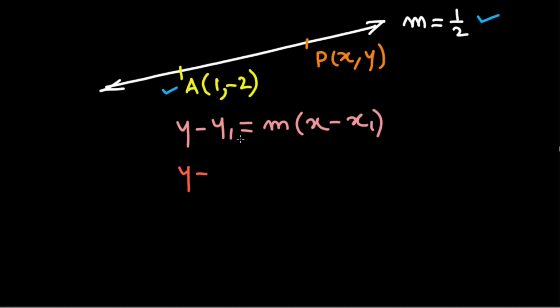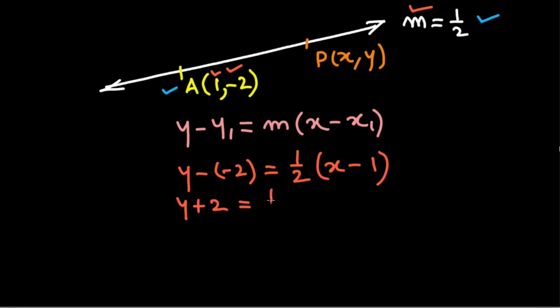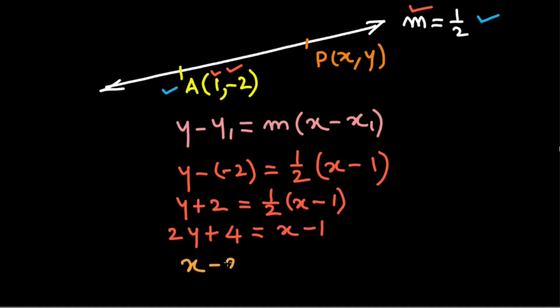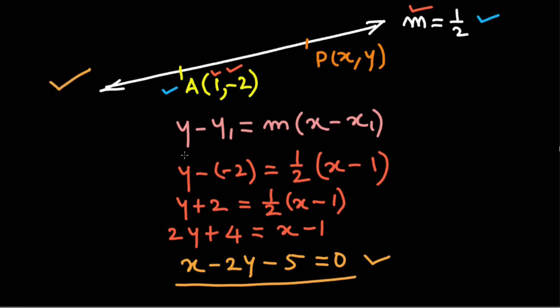It will be y plus 2 equals half times x minus 1, which will be 2y plus 4 equals x minus 1, or the equation of the line will be x minus 2y minus 5 equals 0. So this will be the equation of this line.